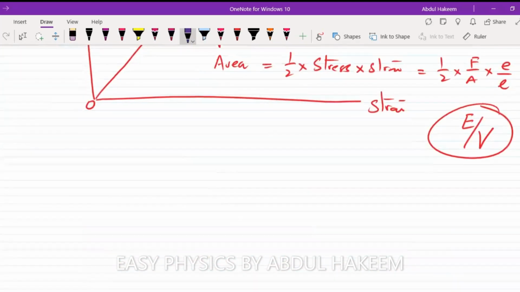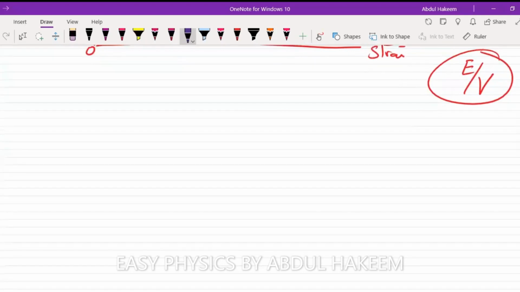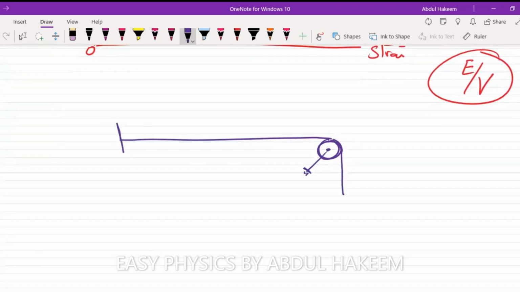Now, the experiment for the Young modulus. This is the wire. It is passing over a pulley. Suppose the pulley is fixed here. To remove the kinks, a small load is attached here.